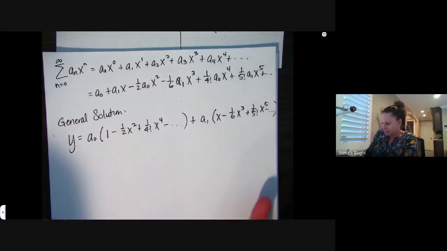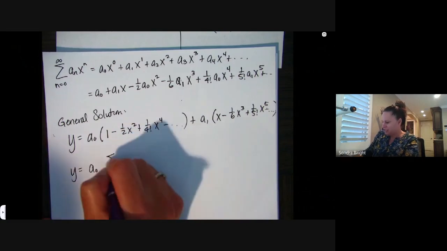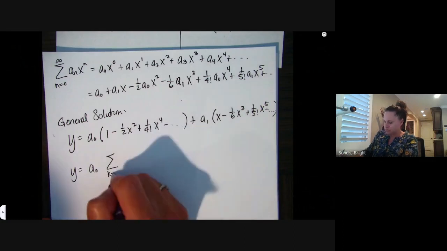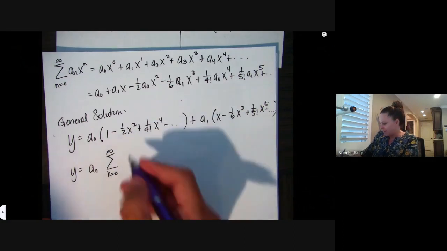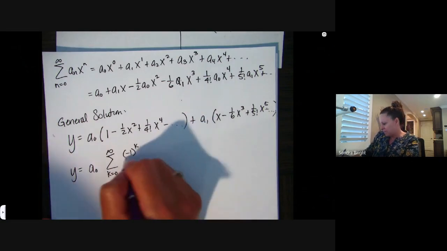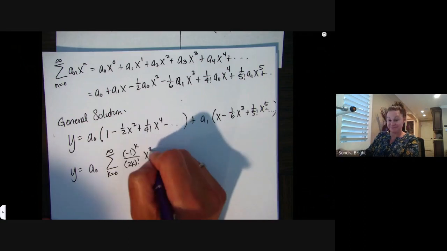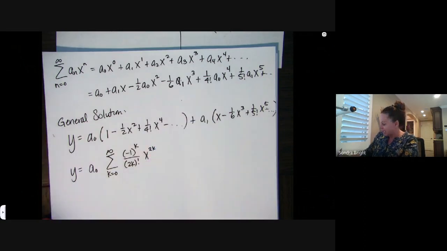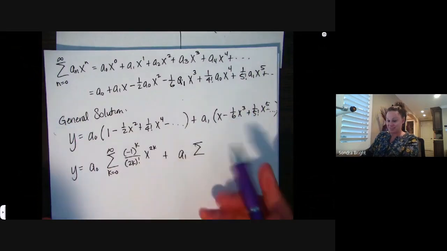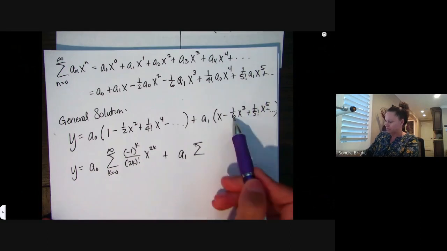This is y equals A0 times, this should look familiar to you, the sum where k is 0 to infinity of (-1) to the kth power over (2k) factorial, x to the 2k. And plus A1 times, hopefully this looks familiar to you too, because that's a 3 factorial and a 5 factorial.